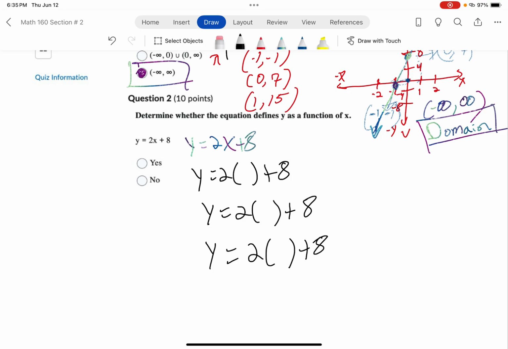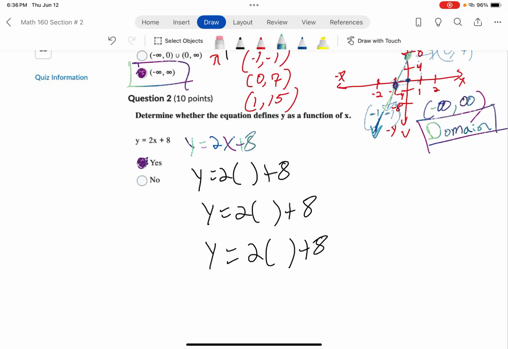For y to be a function of x, whichever number you plug inside here has to give you a number. Let me write some examples, and you will see that whichever number you write here will give you a number. So that's the reason why this y is a function of x. This is yes, but I will show you right now with a negative number, with 0, and with a positive number, how it will work. It will give you a number.